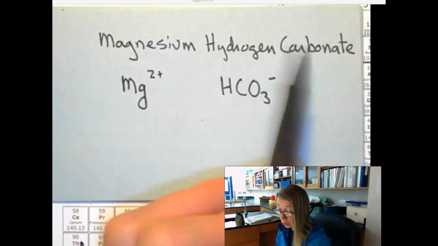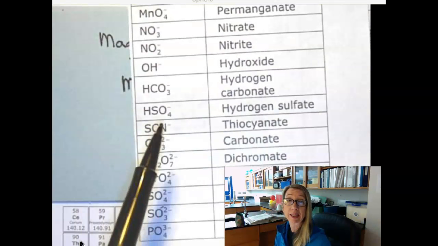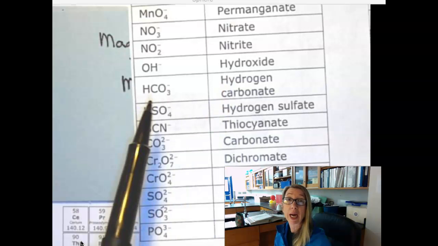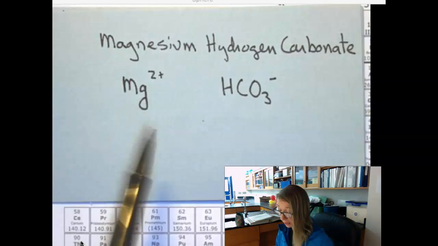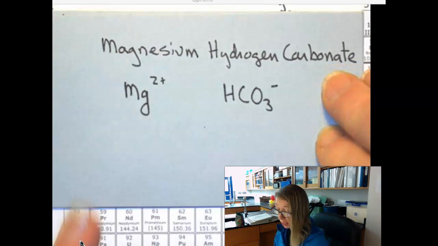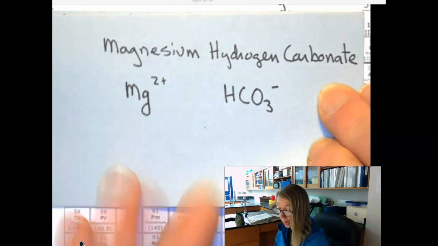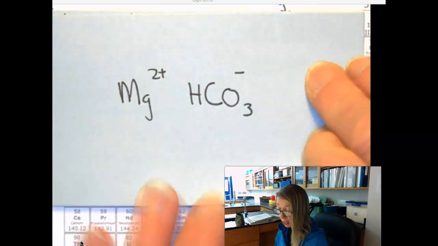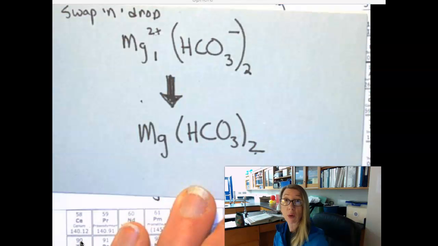So there are 2 cases on our polyatomic ion list with 2 words, and today we are using the hydrogen carbonate, HCO3 with a negative sign. So we start out by writing down our cation and anion and their oxidation numbers. Then we're going to do the swap and drop.